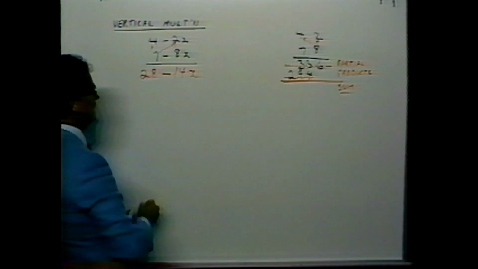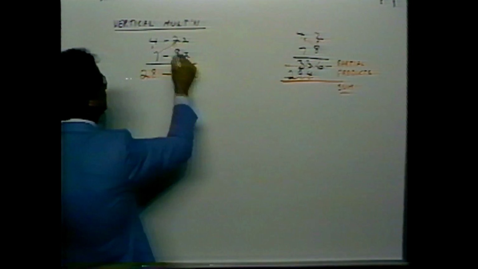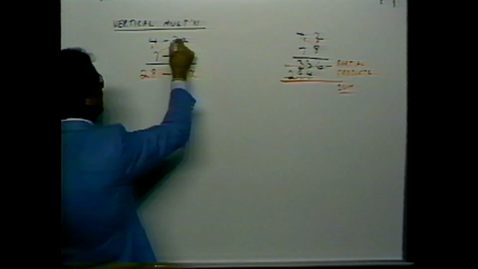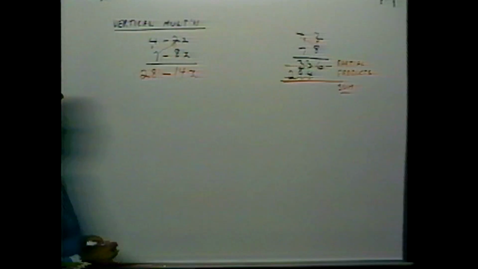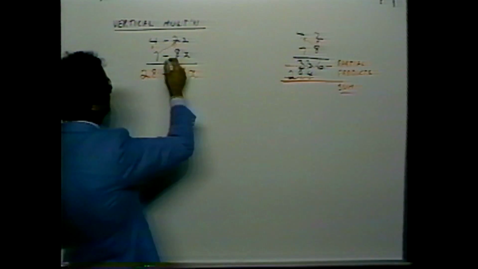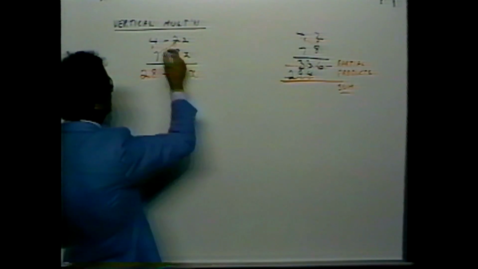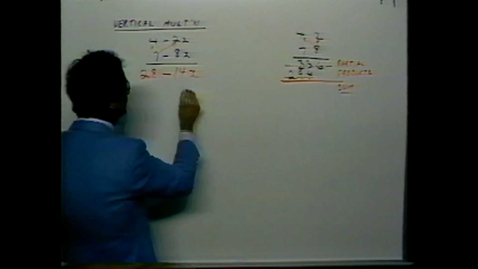The next step is, of course, to multiply by minus 8x. Each of 4 and minus 2x are then multiplied out in the algebraic problem. Minus 8x times 4 is minus 32x, and notice it goes over here.